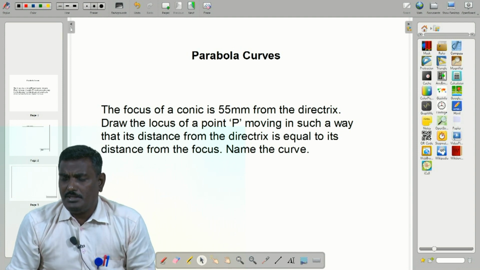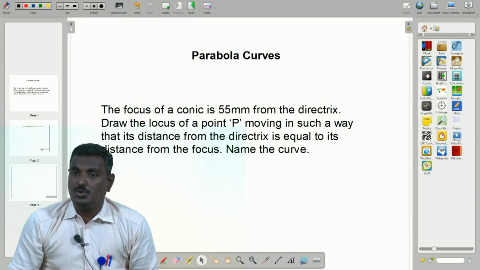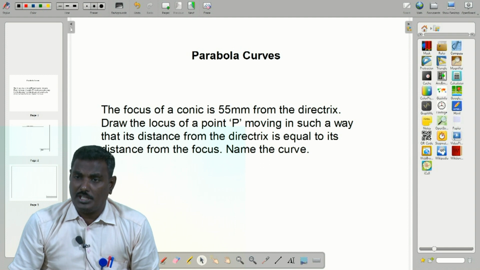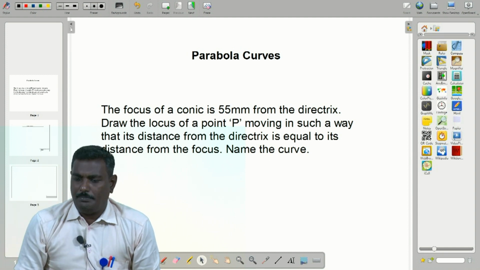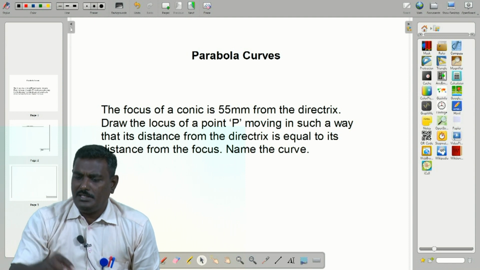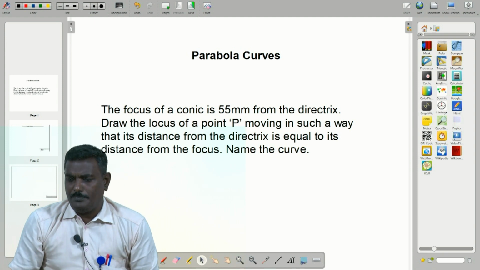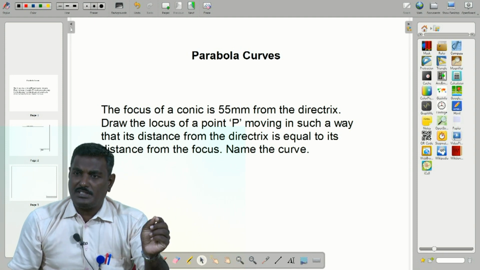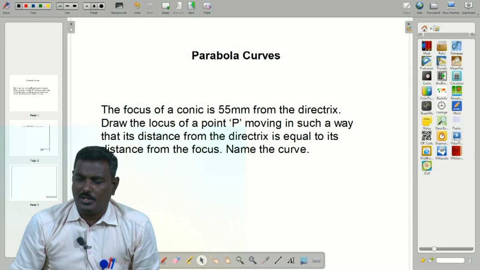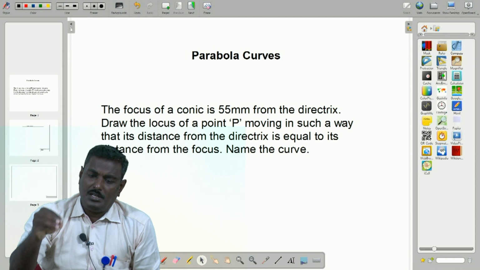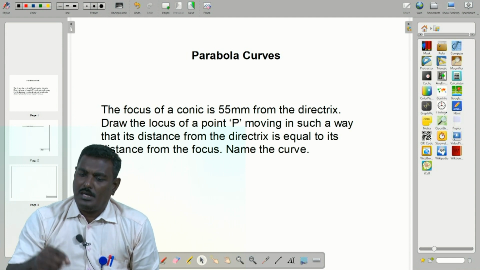What does this mean? Both distances are equal, the eccentricity ratio is one, so we straight away name that curve a parabola. Here it is given that the focus of the conic is 55 mm, so from the vertex the focal distance is 55 mm. With the help of this data we start to construct the parabola.